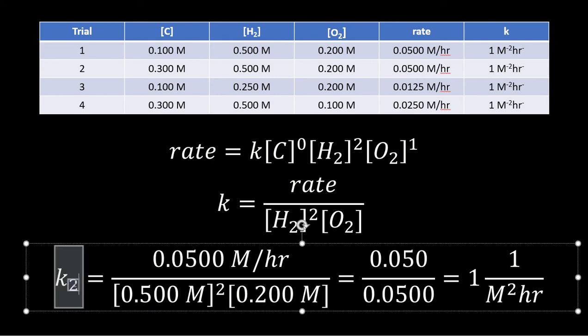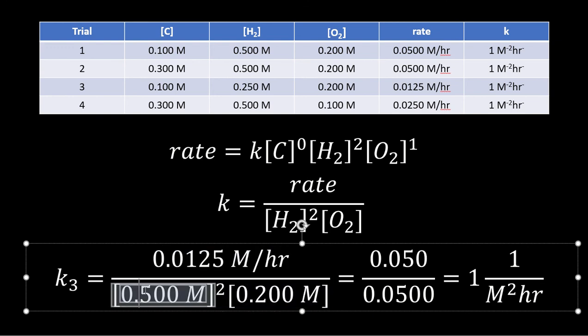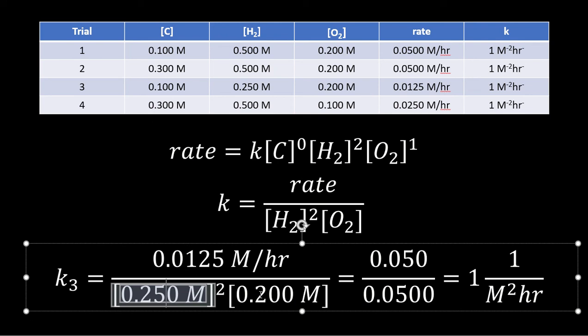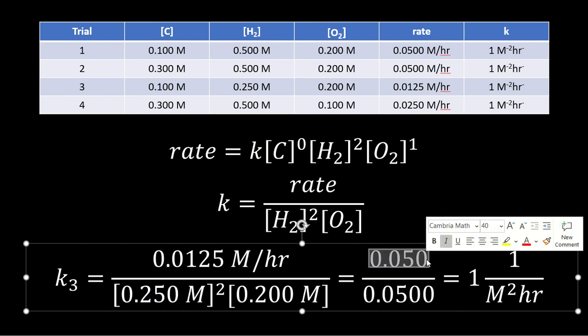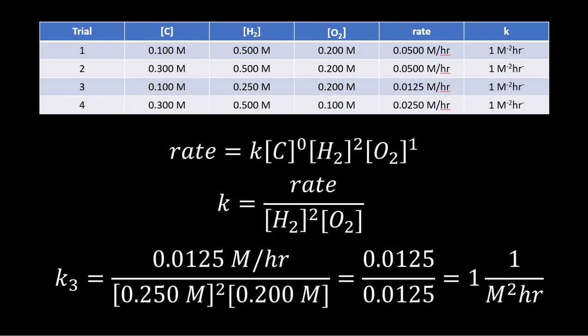And if we were to solve for the rate constant in trial 3, that would just look like 0.0125 divided by the product of 0.25 squared times 0.2, which would end up looking like 0.0125 over 0.0125.